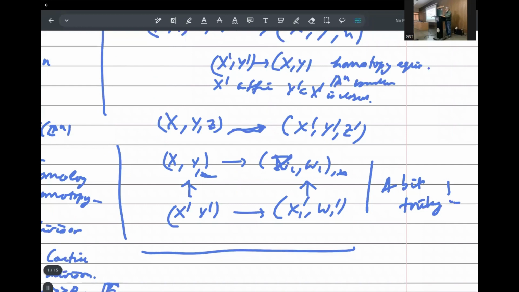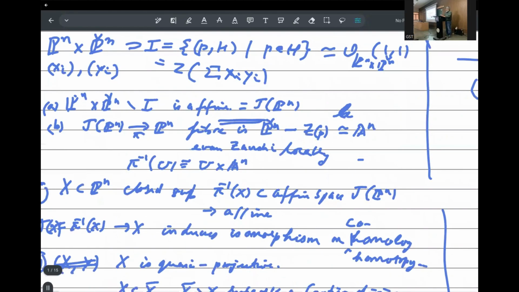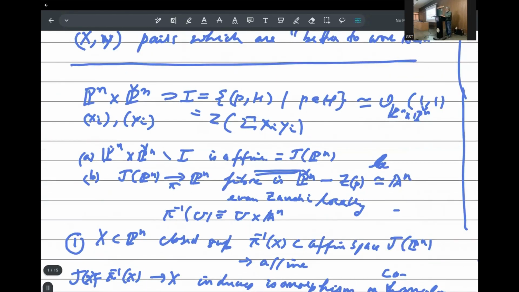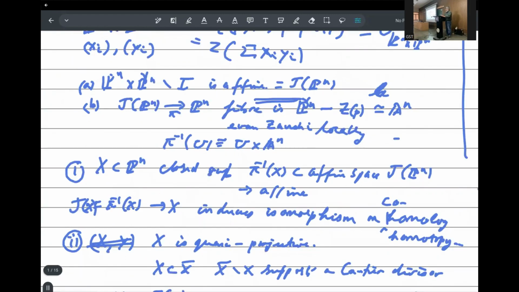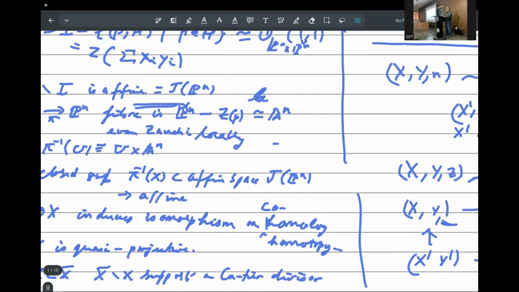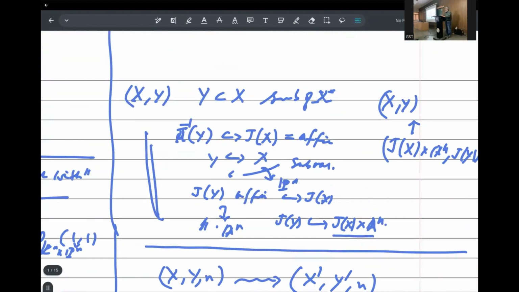So in the interest of brevity, the basic idea is the same. The basic idea is to use Jouanolou's trick and use the fact that a Cartier divisor complement is affine, and use the fact that if I have something which is not necessarily affine, I can make it become affine by taking it inside, if I already had an affine variety, a product with an AN, and then I've got something where it's embedded as a closed subvariety of an affine variety.